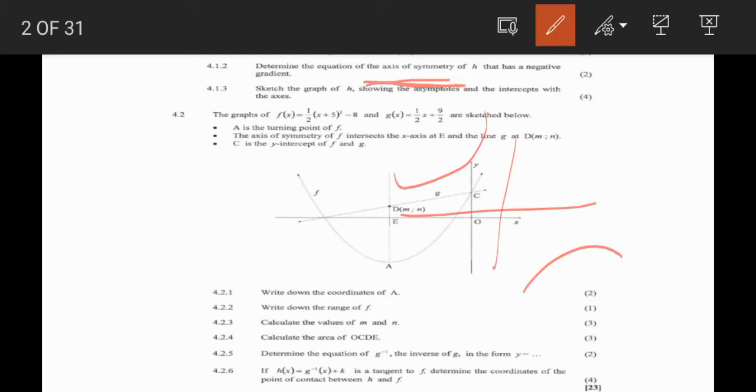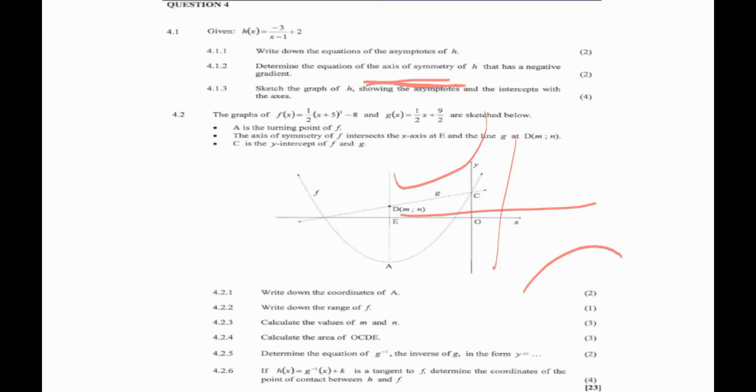So we already have the shape. Now it's time. The first thing you want to do is draw the Cartesian plane, and then before you do anything else, fill in your asymptotes, right? Fill in your asymptotes.